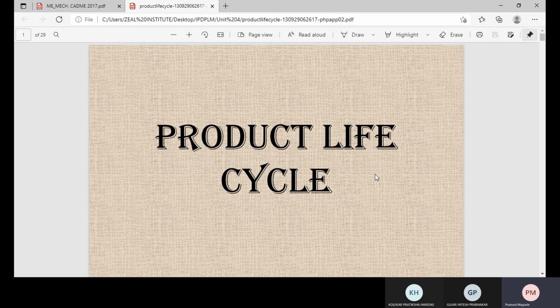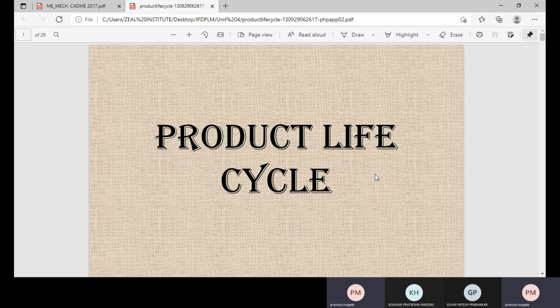Constant means we cannot get a straight line while deriving the product life cycle. It requires somewhat ups and downs, and because of that the product life cycle changes at every stage. That's why we check what the life cycle should be.